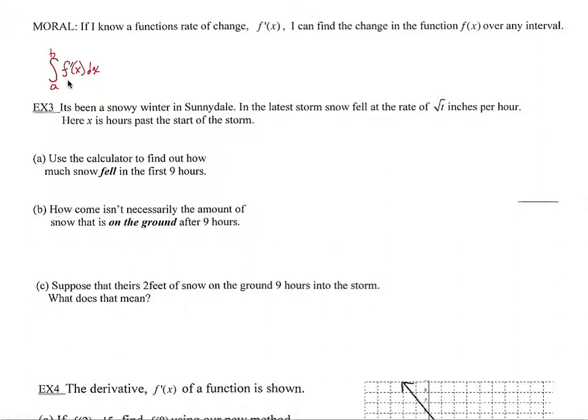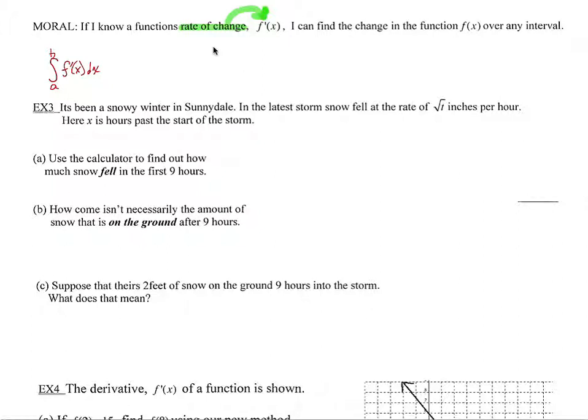integrals, we've come to see that you can look at that question in a different way, and in the front side of these notes what we came to see is that if you know the rate of change of some function, so if we know the derivative of some function, well then we can use that to figure out how much the function itself is changing over a given interval.